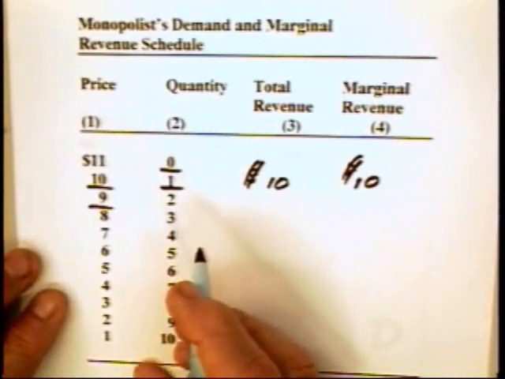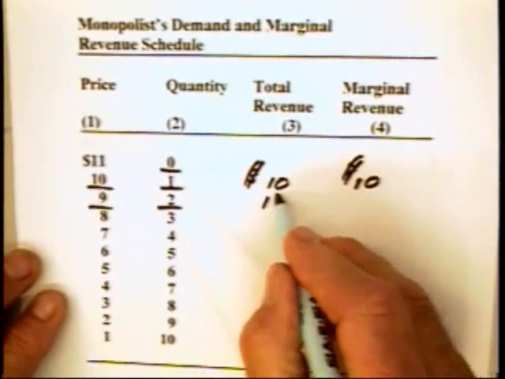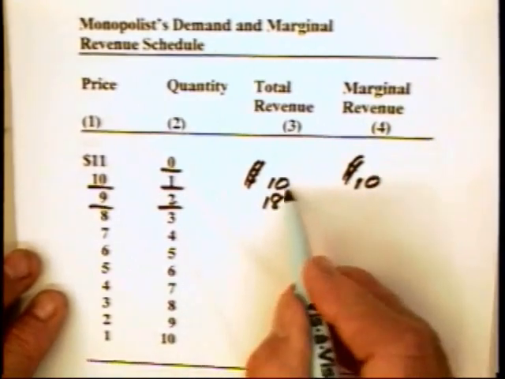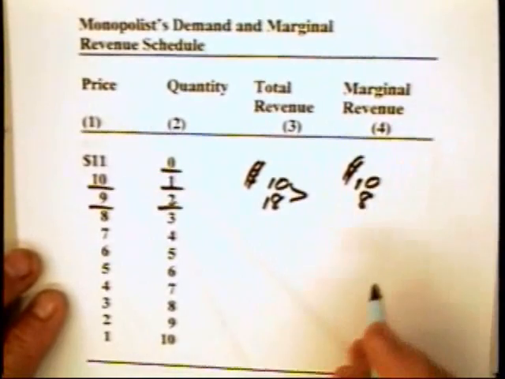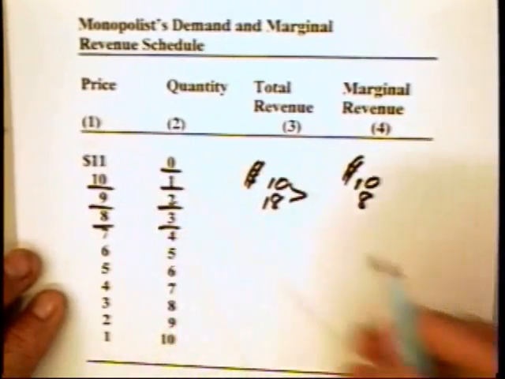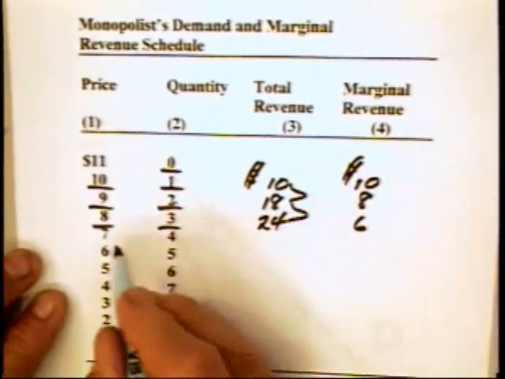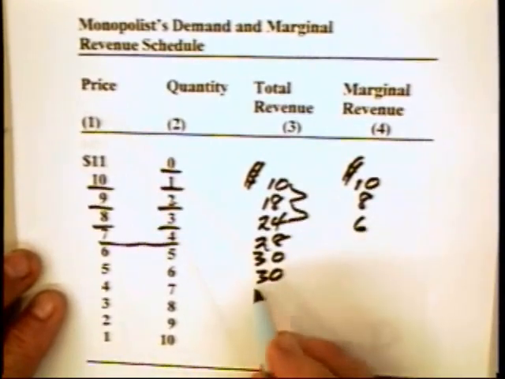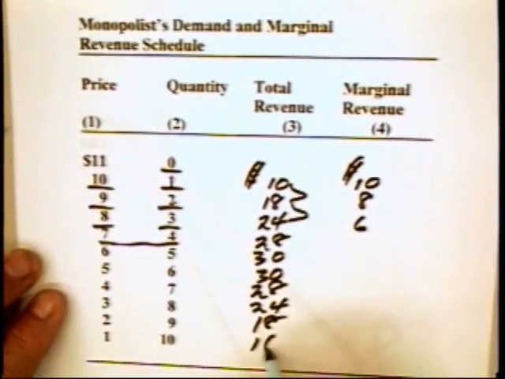The monopolist can lower its price, and by lowering it $1, it can sell an additional unit, which means its total revenues will go to $18, or 9 times 2. Its marginal revenue is the difference between 10 and 18, so its marginal revenue is going to be $8 on that second unit. At $8, it can sell 3 units, or $24. Its marginal revenue is 6, and we can go down the line: 28, 30, 30 again, 28, 24, 18, and 10.